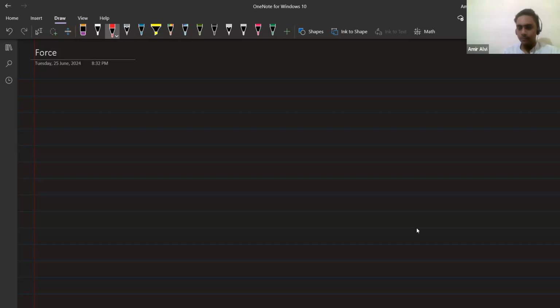Like a push or pull on an object. चलो ठीक है. Anam, what do you understand by force? Please let me know, Anam. Yes, sir. Force can be defined as a push and pull or act that can change the shape, motion, and direction or speed of an object.